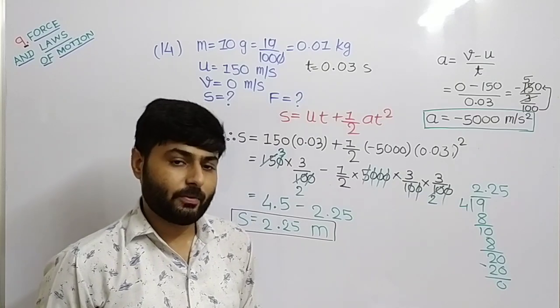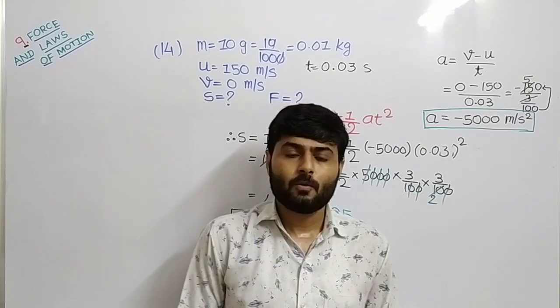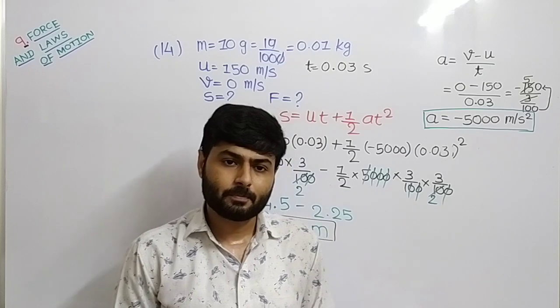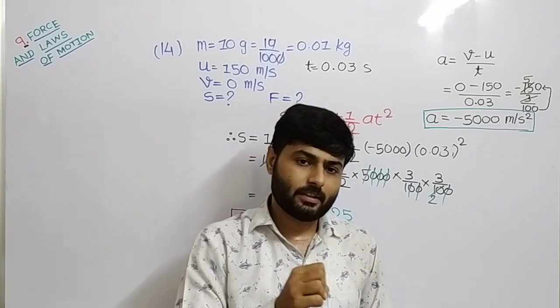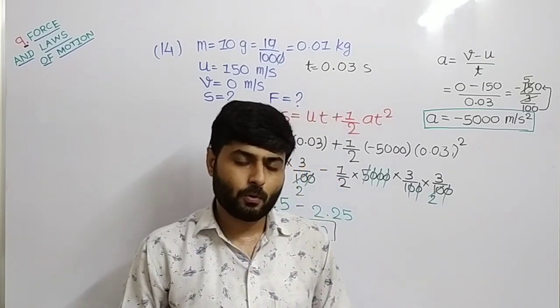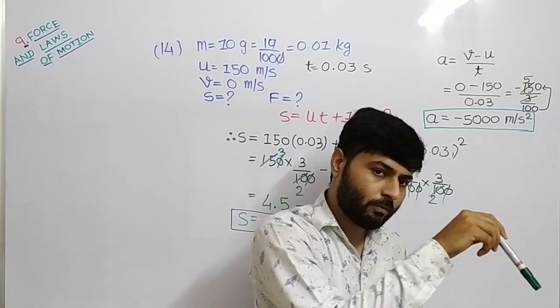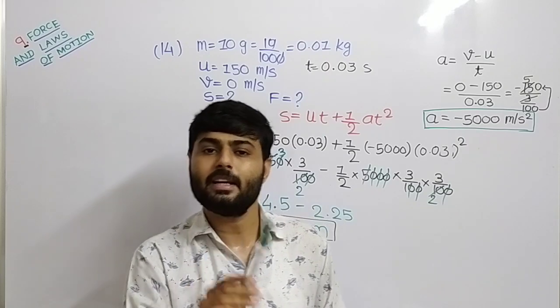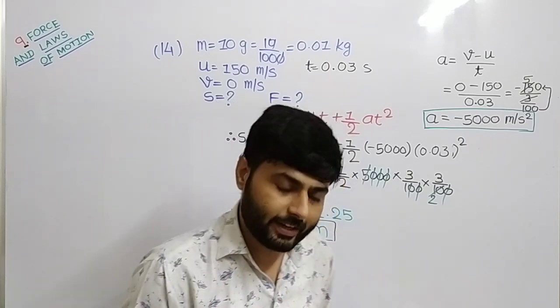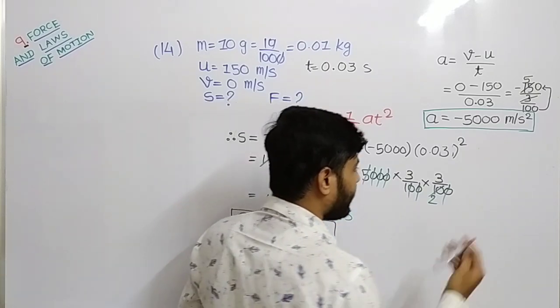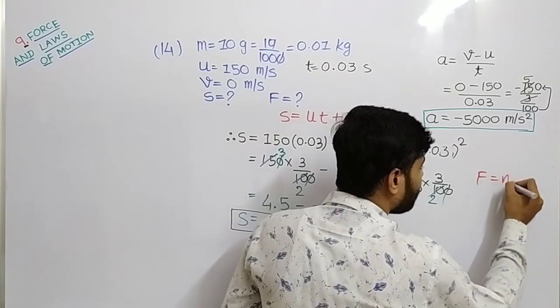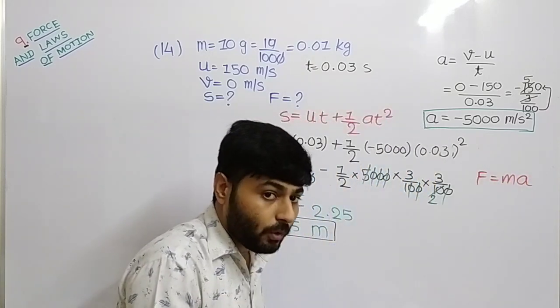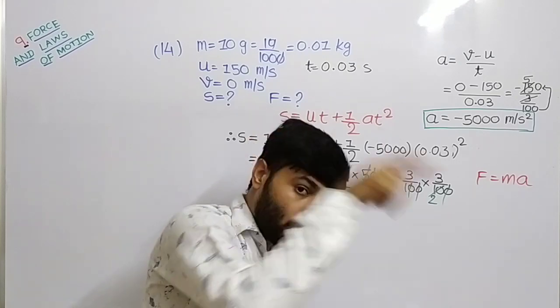Now next we have to find force. Remember the third law of motion: the force exerted by the bullet on the wooden block and the force exerted by the wooden block on the bullet will be the same but opposite in direction. So I will take F is equal to ma, that is the force exerted by the bullet on the wooden block.